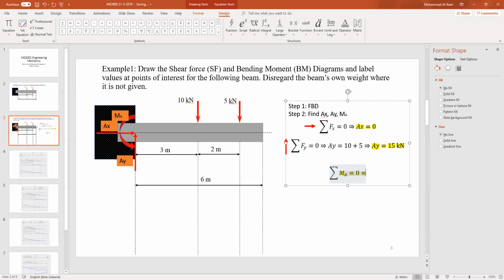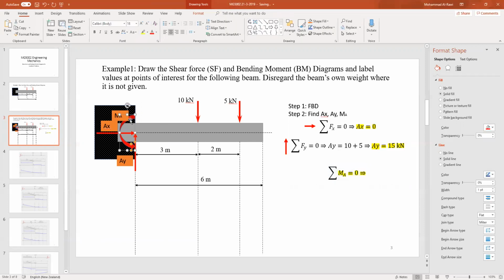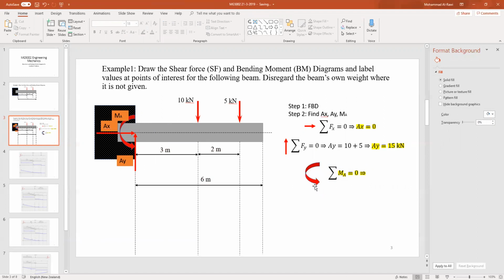Now we need to write this equation around point A, but we need to find what the moment is here. So we need to determine the forces, which directions they're going, and then assume that this direction is positive. So this is my positive moment.